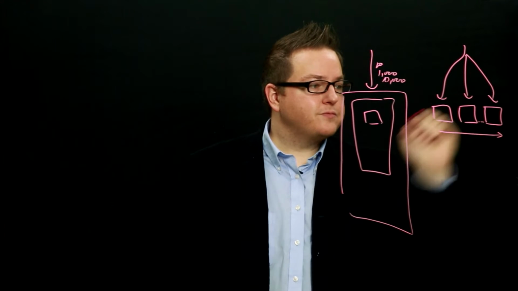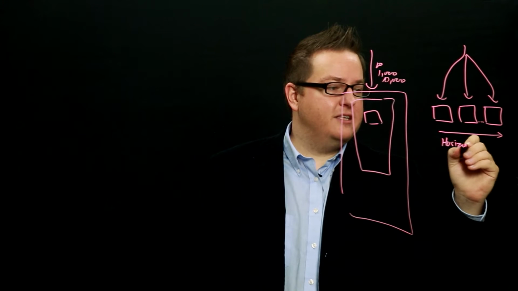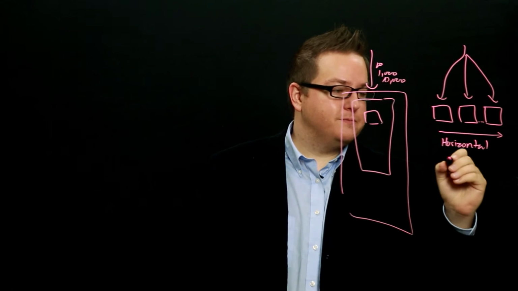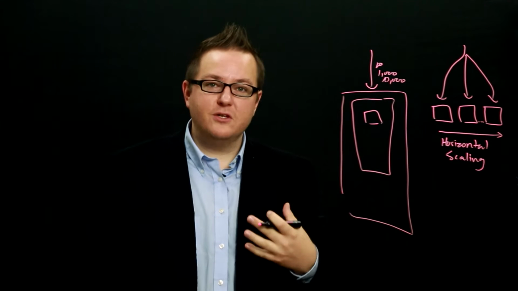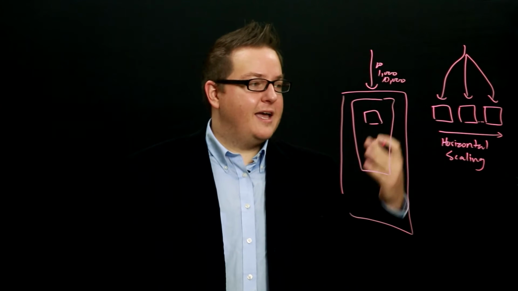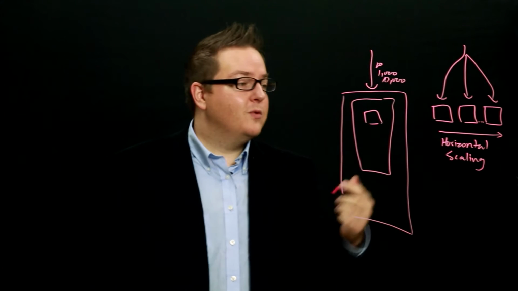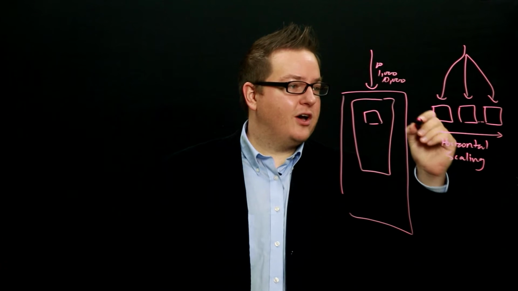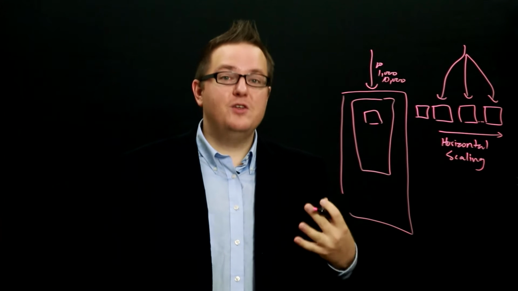And so in this scenario, what we're doing is horizontal scaling. And this is really what we're looking for when we are building cloud services, is we want to build services that can easily be horizontally scaled. And what that means is that if new load shows up, we can easily just go and turn on another machine. So if we need more capacity, we just add a new machine.